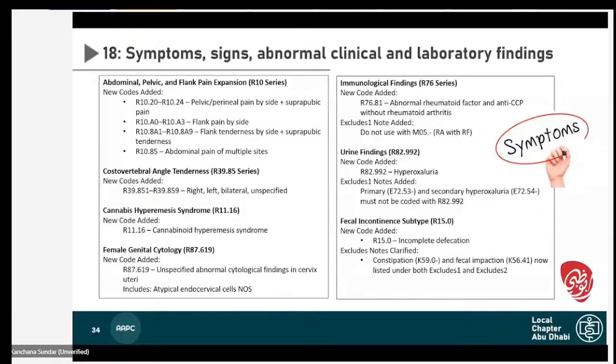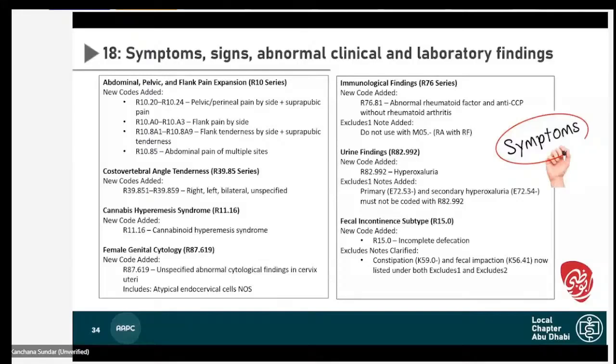And the next one is female genital cytology, where the abnormal cytological findings alone should be coded as R87.619. And when it comes to immunological findings, we have abnormal rheumatoid factor and anti-CCP without rheumatoid arthritis. The immunology finding code as a symptom is R76.81.